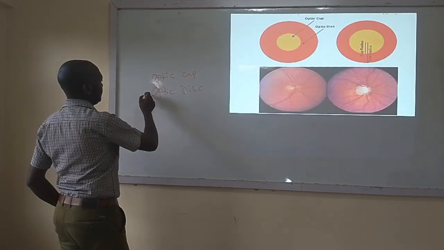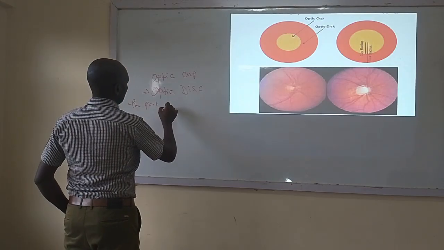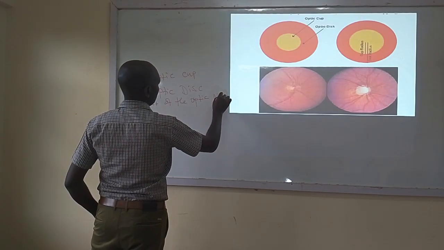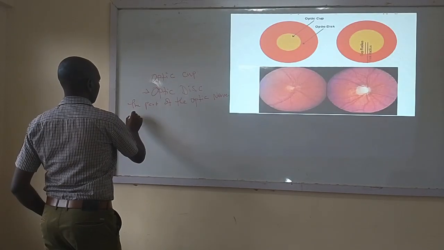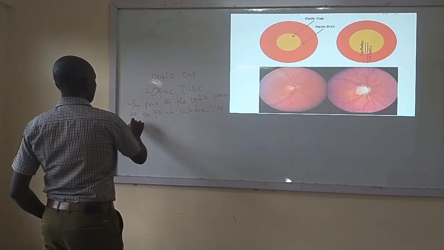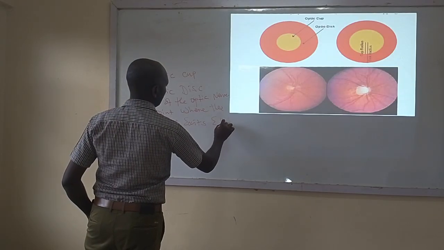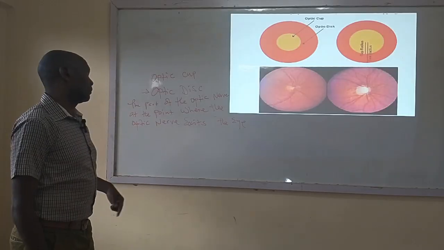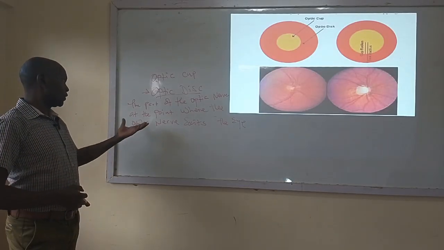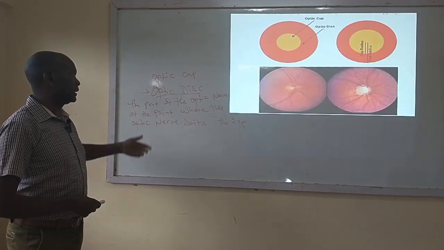The optic disc, this one here, is actually the part of the optic nerve at the point where the optic nerve exits the eye as it goes towards the brain. That is the optic disc, this one here.